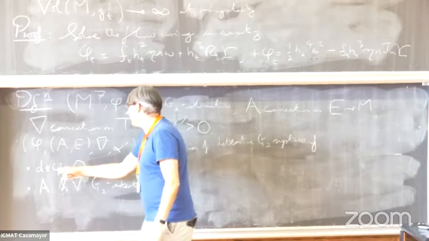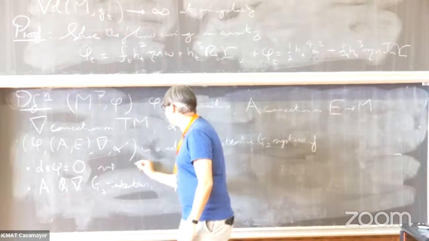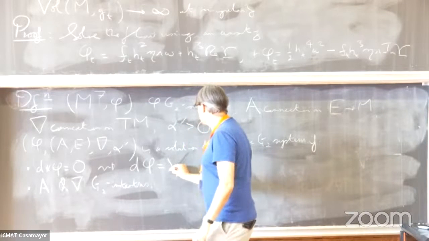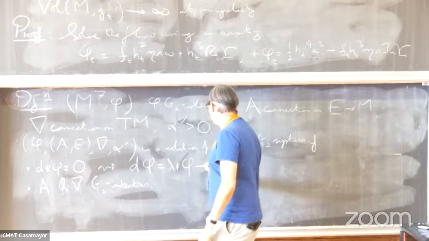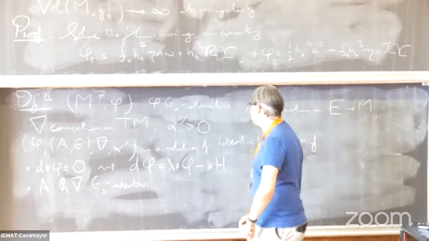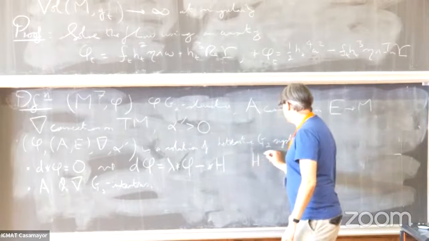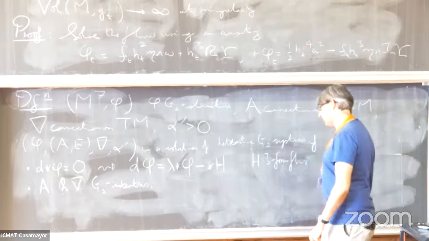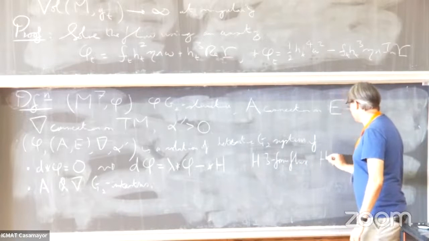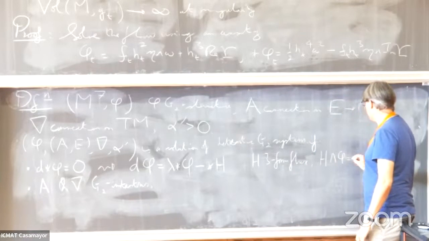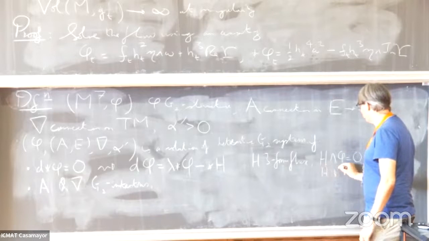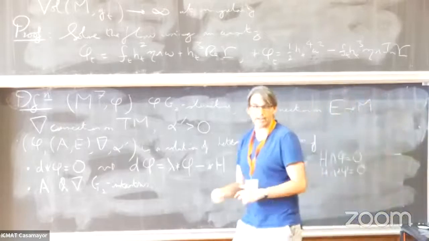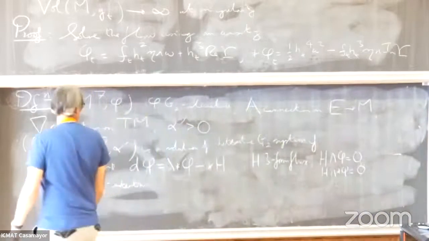Now, whenever you have a co-closed G2 structure, you can always write d phi as some multiple of star phi minus star of some 3-form H. So H is the 3-form flux. And it has these orthogonality relations. If you wedge it with phi, or with star phi, you get 0. So it's just a way to pin down which one it is.